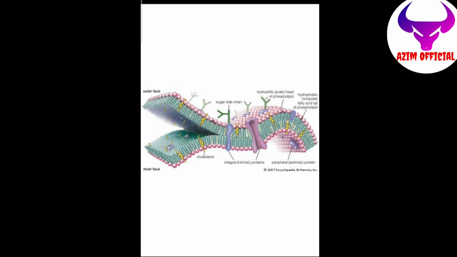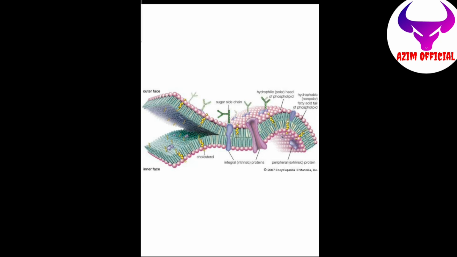Now, organelles of the cell. As we know, organelles of the cell are membranous and non-membranous. Membranous: nucleus, endoplasmic reticulum, mitochondria, the powerhouse of the cell, lysosomes that have enzymes, Golgi apparatus, peroxisomes that have oxygen carrier. Non-membranous are ribosomes, centrosomes, cytoskeletons.